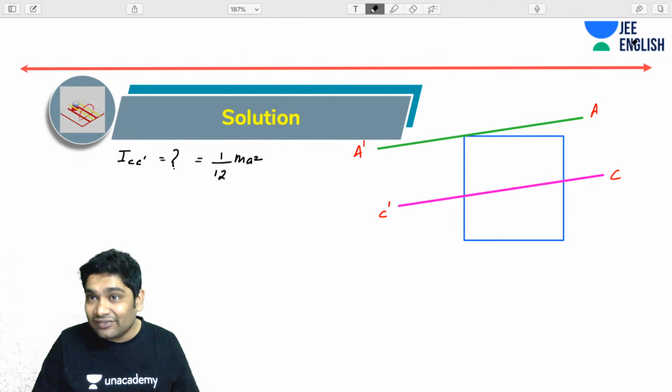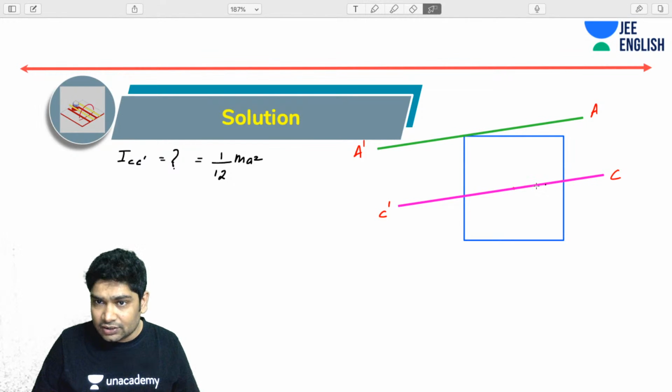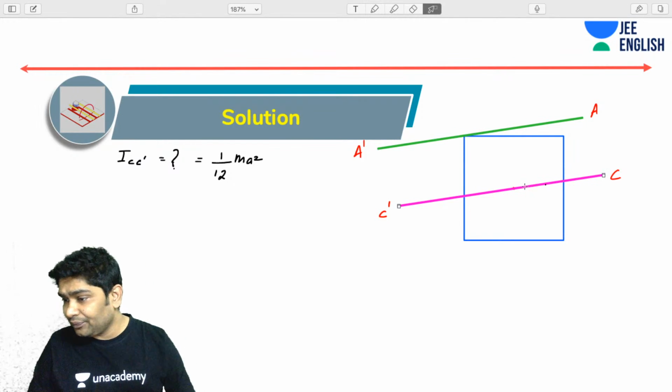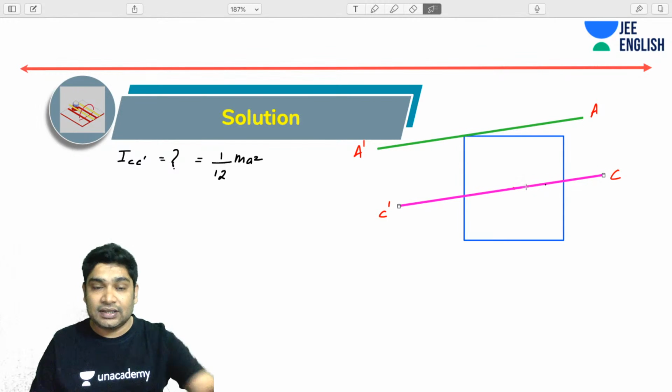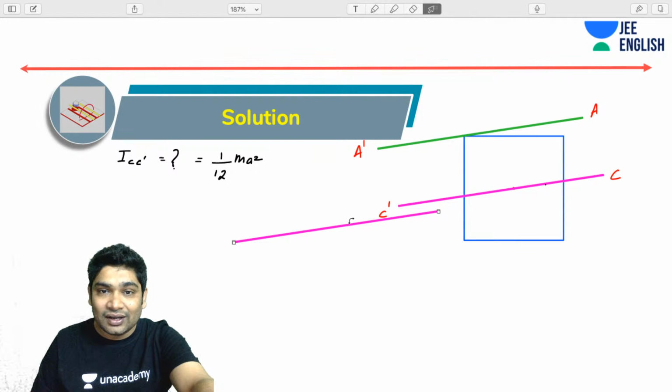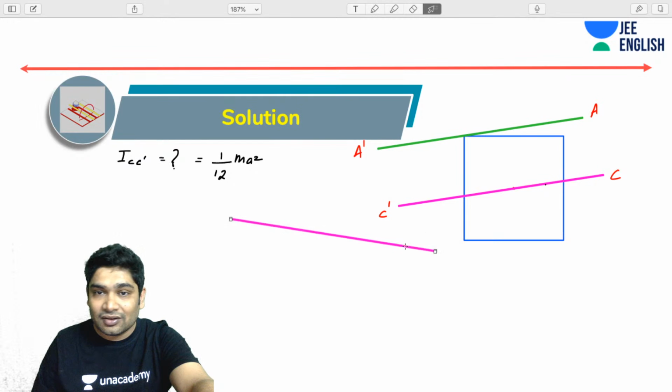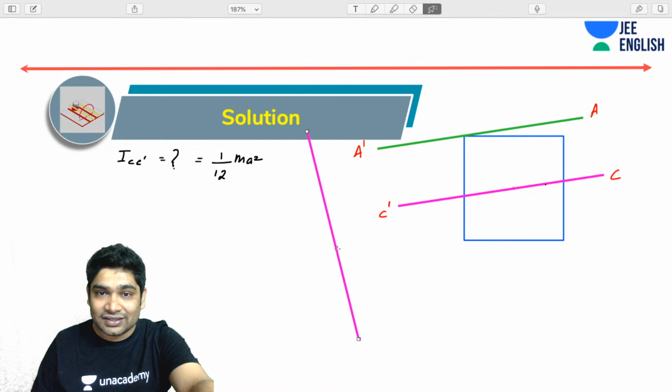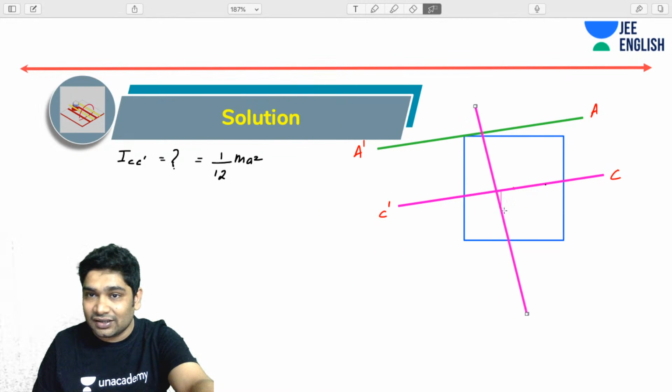Okay, so the first thing you need to realize is that I am going to draw an axis which is perpendicular to this. How do I get this? Yes, perpendicular axis theorem. Exactly. So let's draw an axis which is perpendicular to this and also passes through the center.